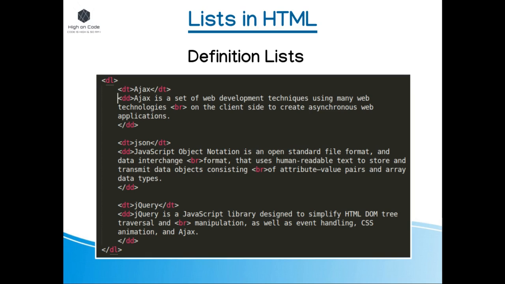The next type, and the important one, is the definition list. A definition list consists of three important tags. The very first is the dl tag, the opening dl and the closing dl tag. Whenever we want to use a definition list, we use this opening and closing dl tag. Anything included between the dl tags forms a definition list.